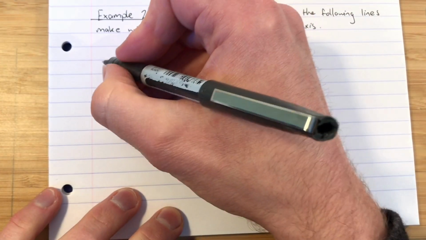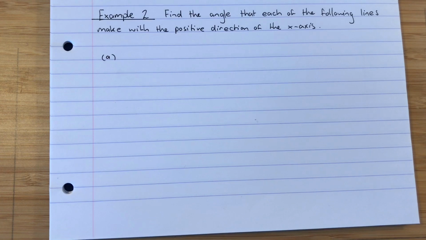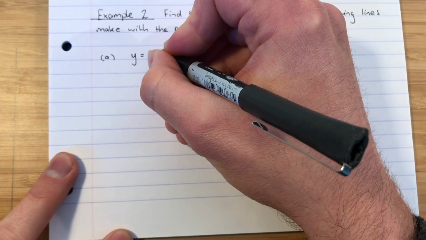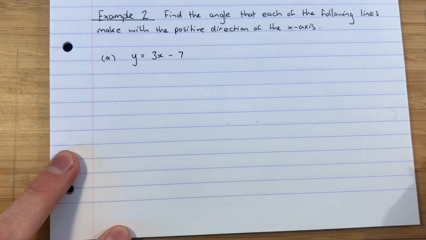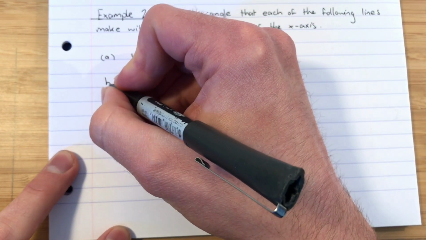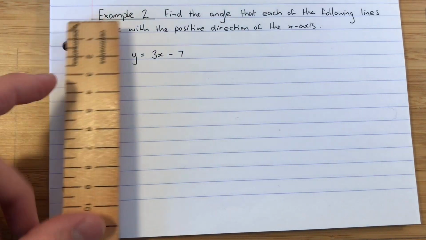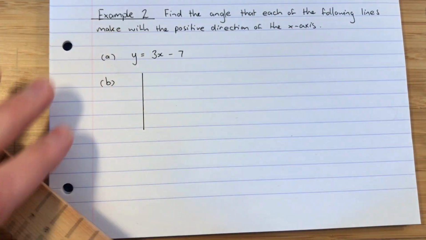So part A, we're just going to have a line which is y equals 3x minus 7. And part B, I'm going to give you a picture of this line. I don't have to, but I'm going to give you a picture so we can talk about it a little bit.